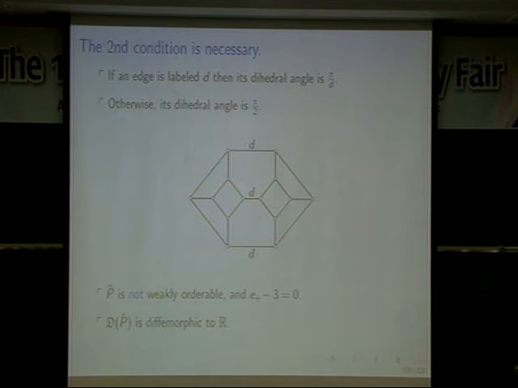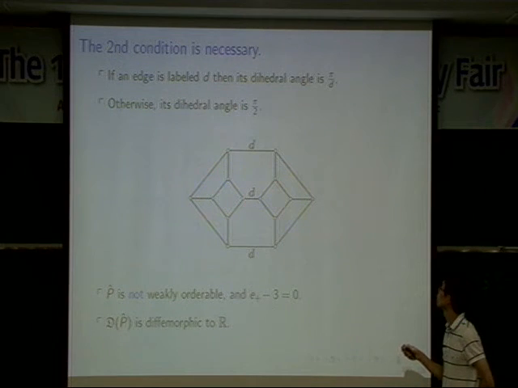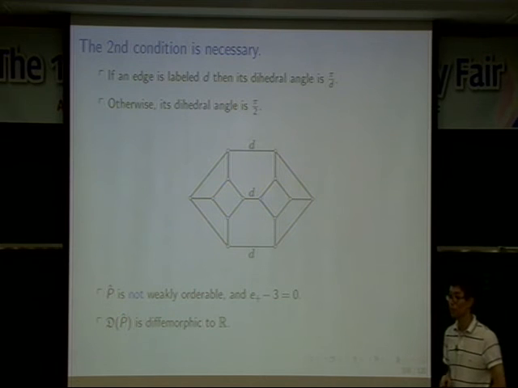Then this is not weakly orderable because all the facets around that, the edges of order 2, the number of edges of order 2 is 4, because about this one, 1, 2, 3, 4.